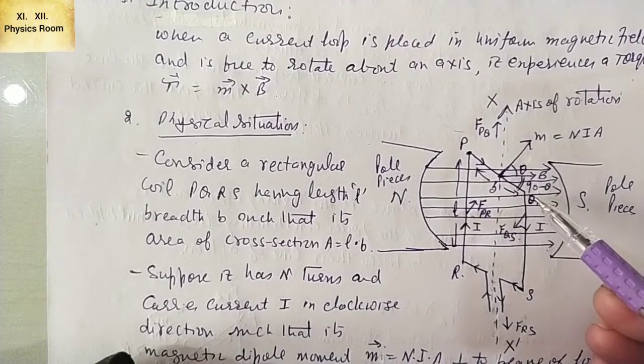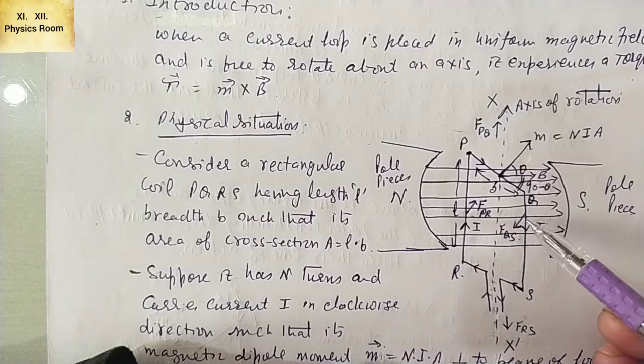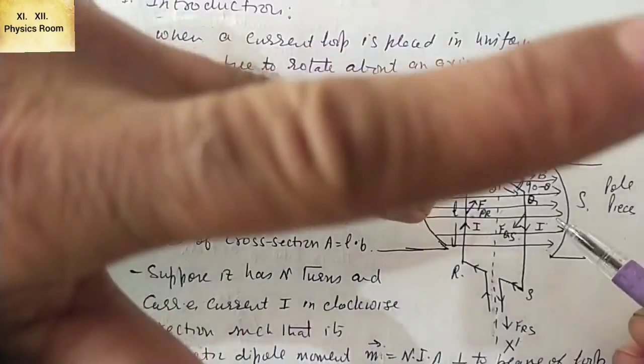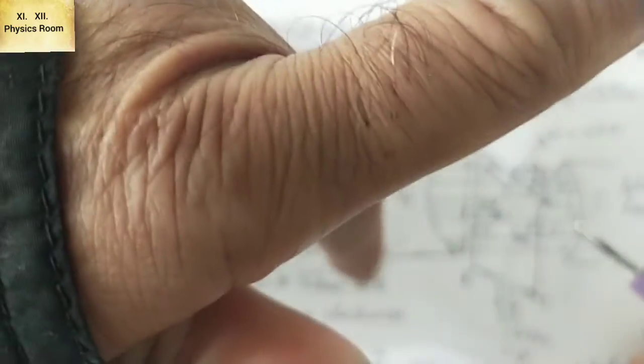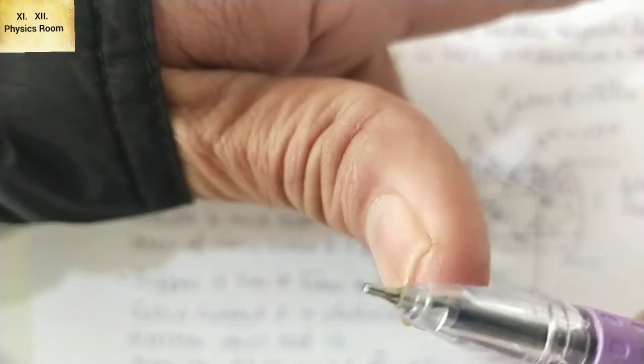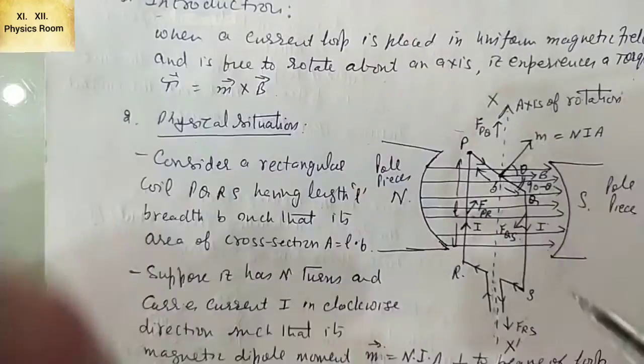And force on arm QS will be along positive z axis, perpendicular outward. Field direction, current direction, and force direction, so it will be outward.